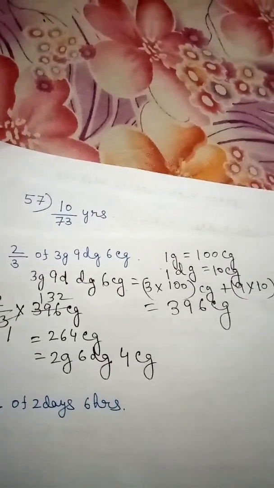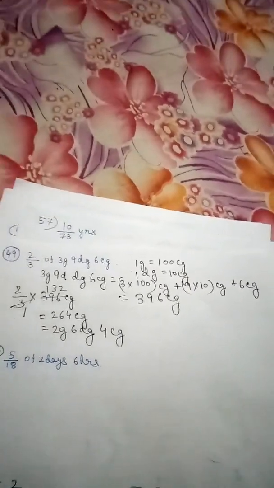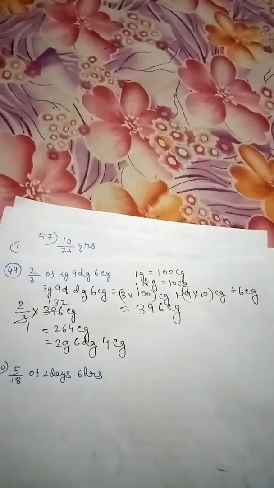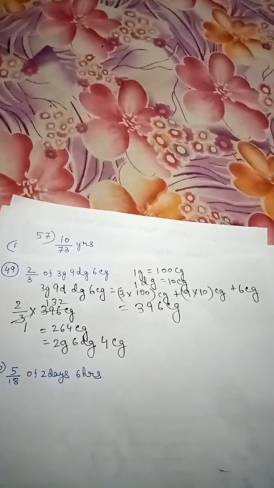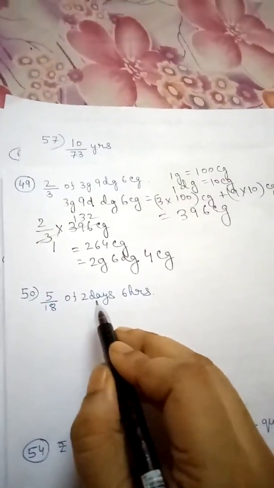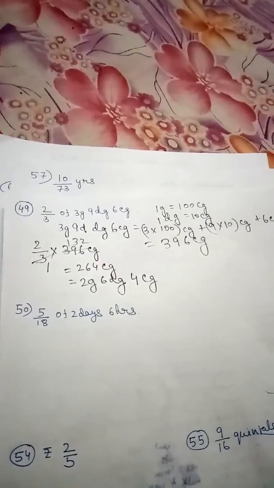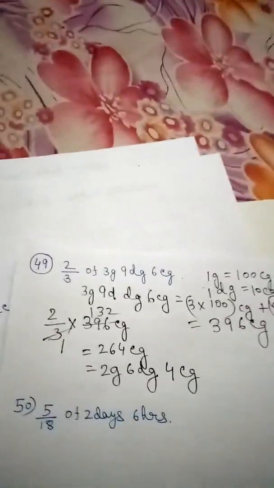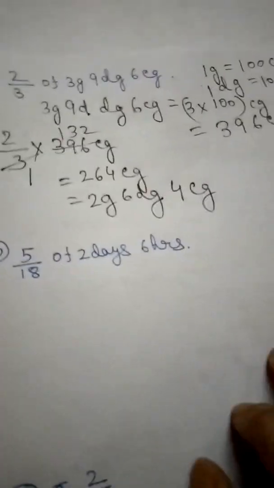I hope you have understood the sum. Okay, let's move on to the next sum. 5 by 18 of 2 days 6 hours. In this sum, 2 days 6 hours, I have to convert into hours and then I have to multiply.